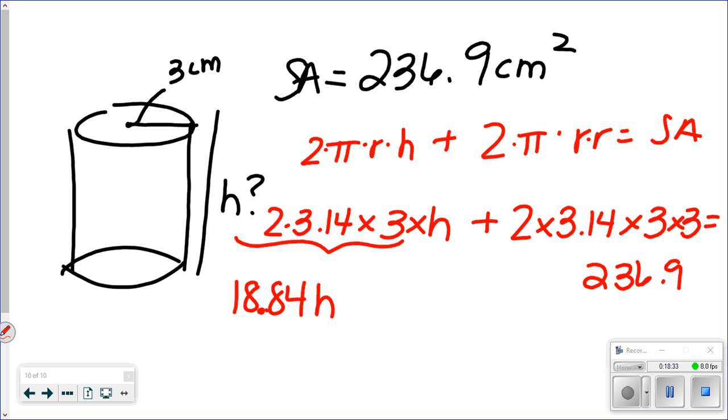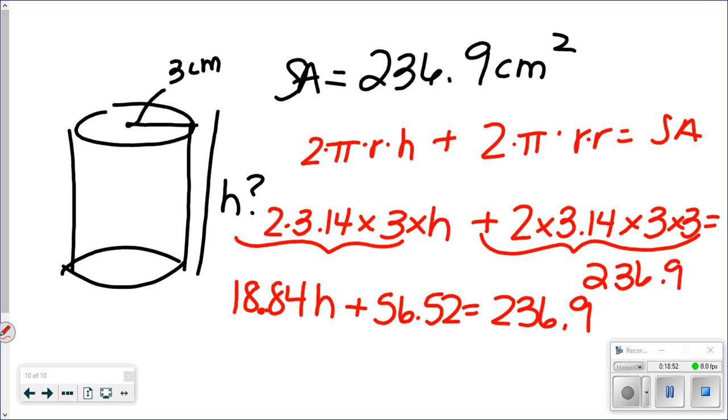Plus, now put all these things together too. Looks like 56.52. Now it's an equation, just like what you've done before.